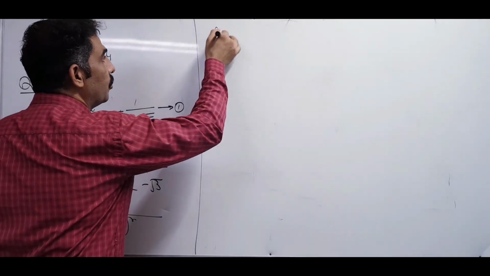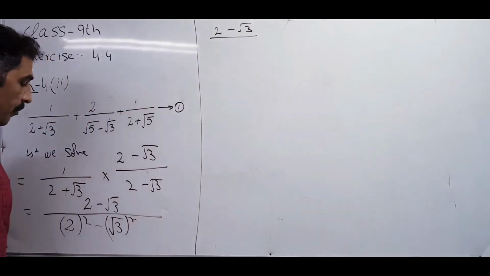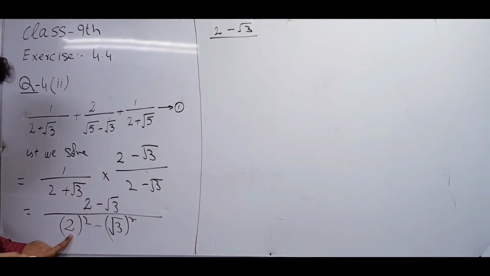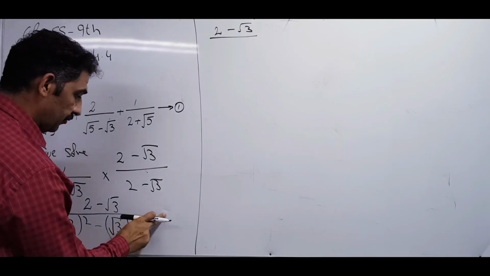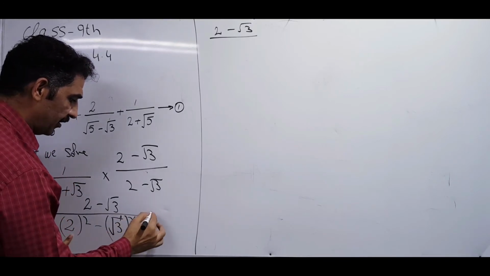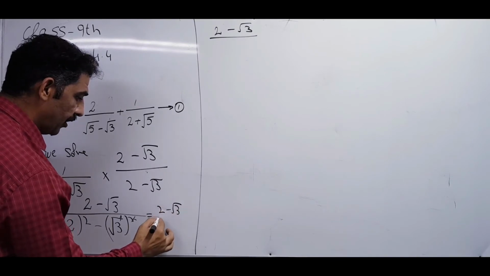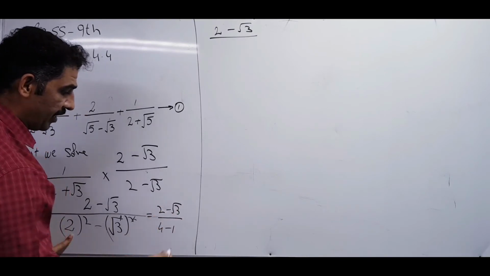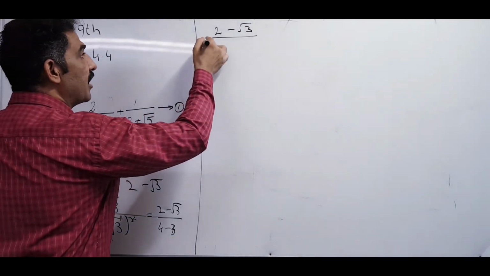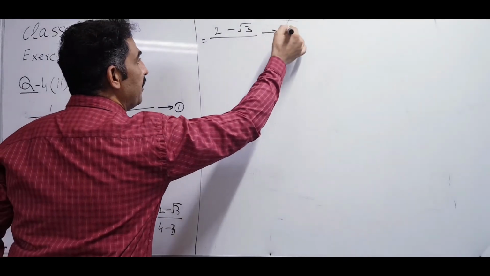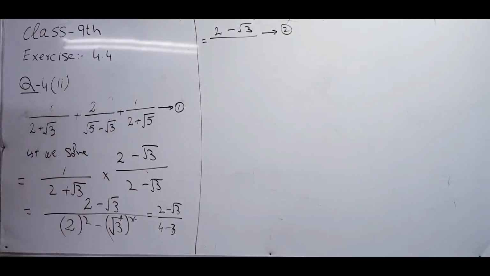It will become 2 minus root 3. When we solve the denominator, 2 2s are 4, and square cancels with square root, so it will become 4. I can also write here 2 minus root 3 over 4 minus 3, and 4 minus 3 is equal to 1, and 1 we are not writing, and we will leave it here as equation number 2, right?